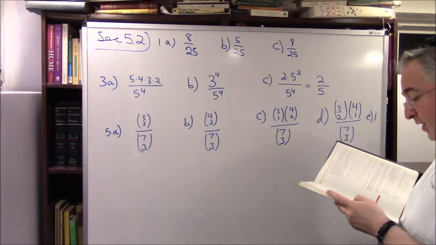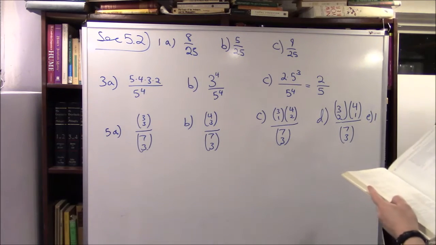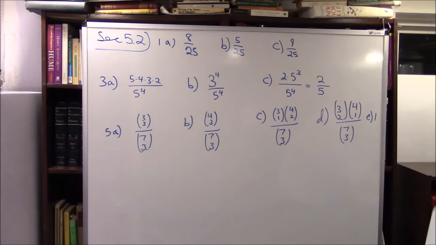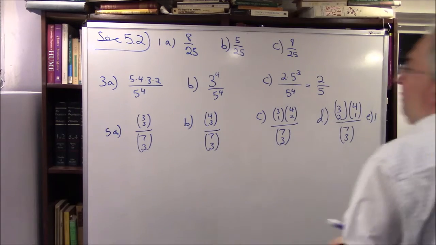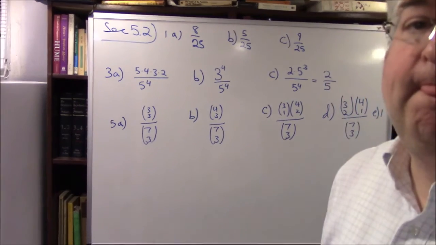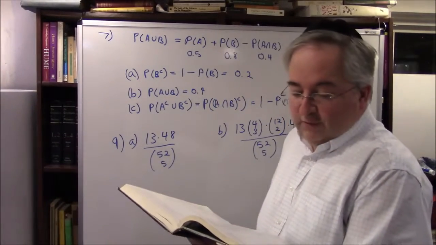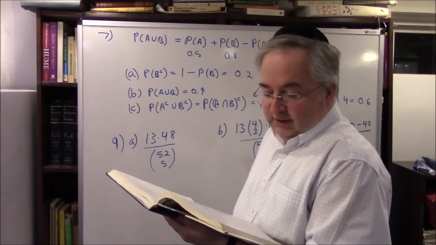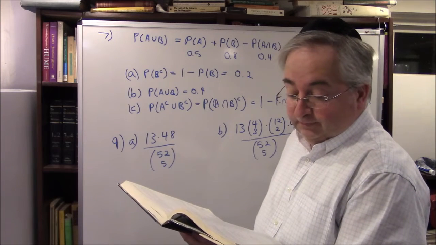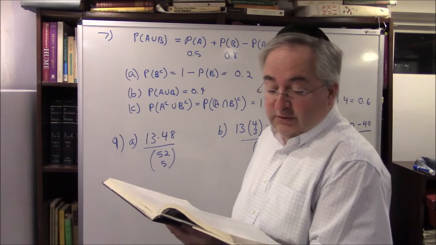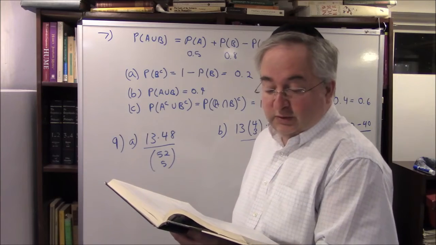Okay, great. Next, we do all the even ones. 7. Okay, 7 says as follows. You have an experiment that leads to events A, B, and C with the following probabilities. Notice there's a mistake there because C is not used at all.